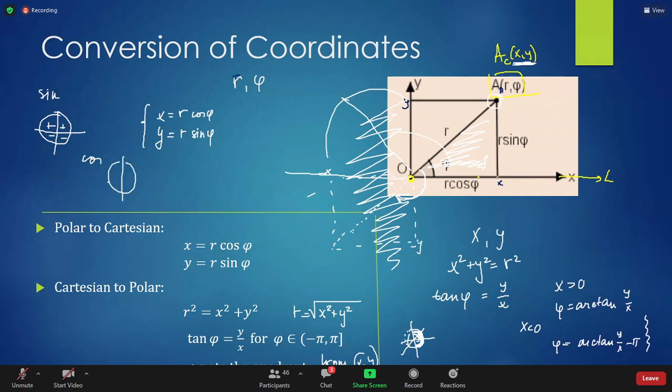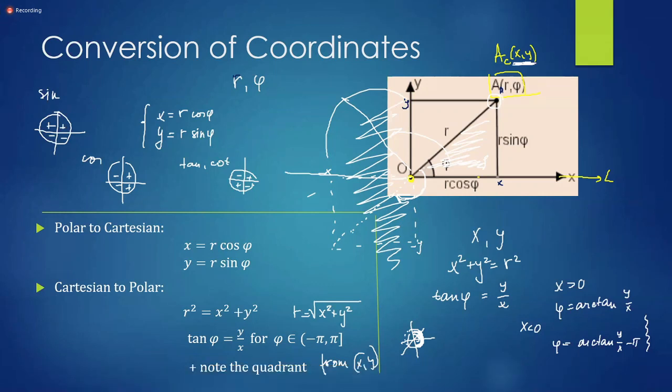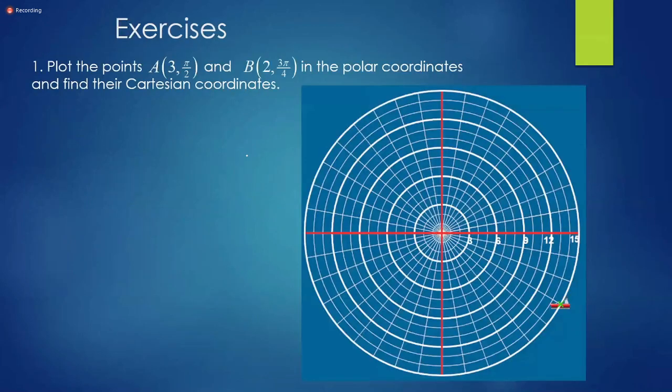For cosine, we draw these little diagrams: positive, positive, negative, negative. And tangent and cotangent would be plus, minus, plus, minus. So basically it's the same thing.